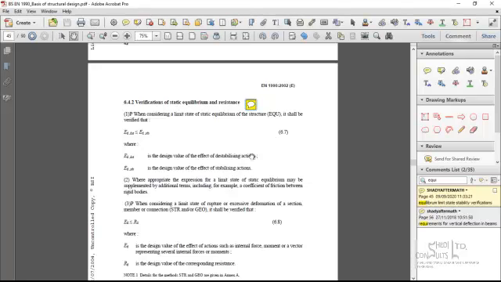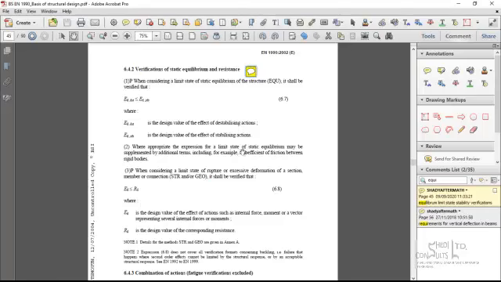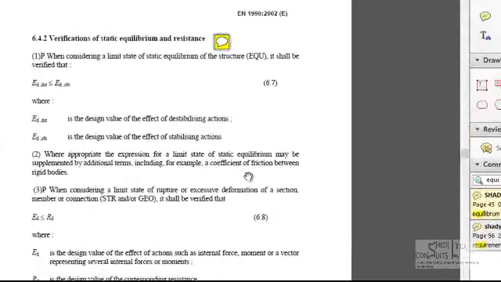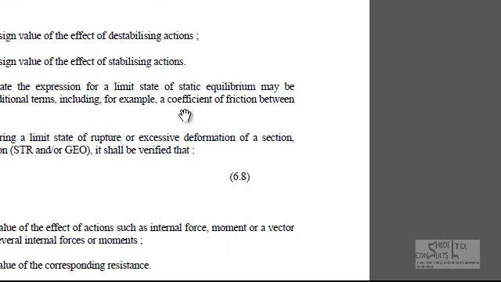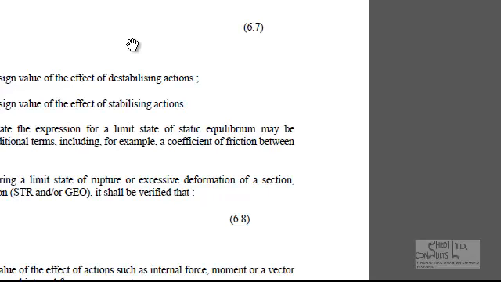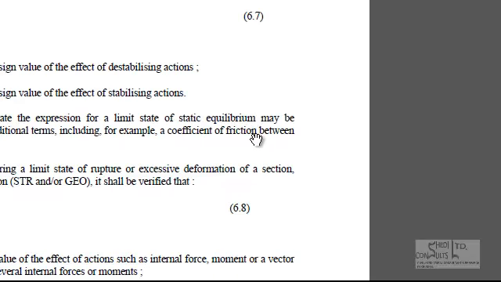This is the code of practice, the design basis for any Eurocode design. It caters for the various load combinations to be used in the design, and it makes provisions for the design state: transient condition, accidental condition, persistent condition, and so on. So it states that for verification of static equilibrium, when you consider a limit state of static equilibrium of a structure, you must verify that the stabilizing forces must be greater than the destabilizing forces.